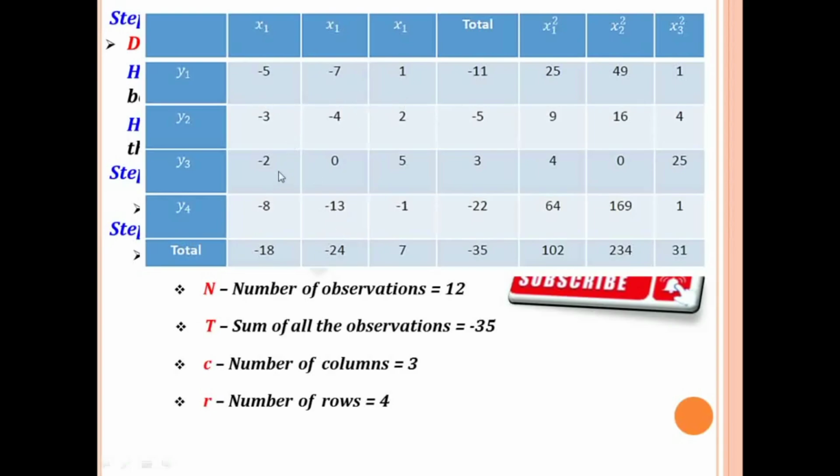Each column has 4 elements. So this is two-way classification. In two-way classification, there are two different kinds of problems: one is where rows and columns are equal, the second is where rows and columns are not equal. We can apply both types of problem by using randomized block design.